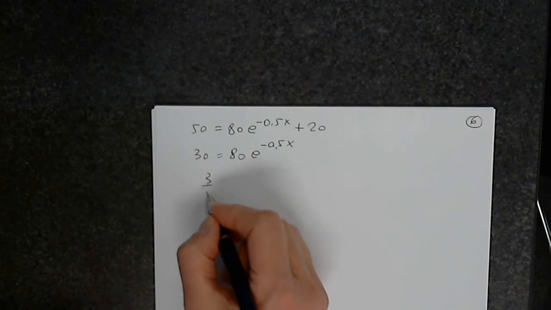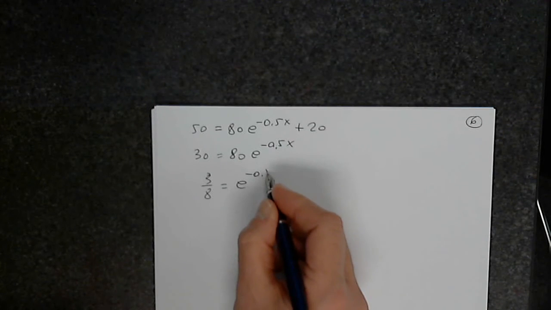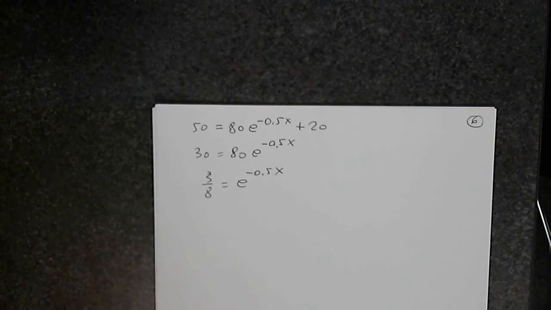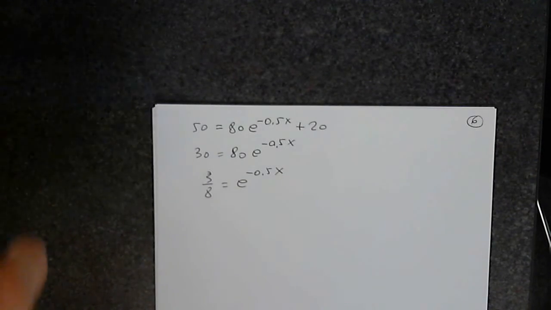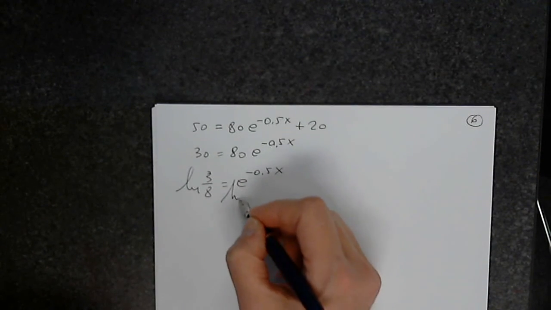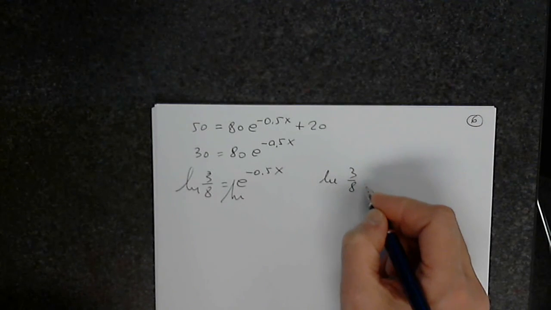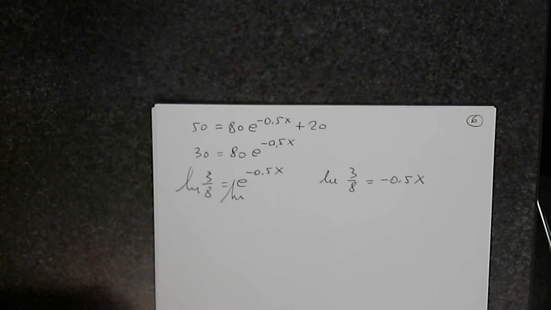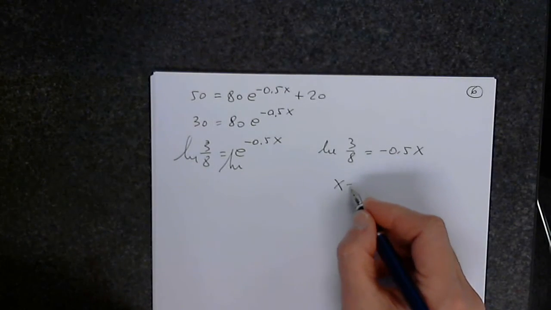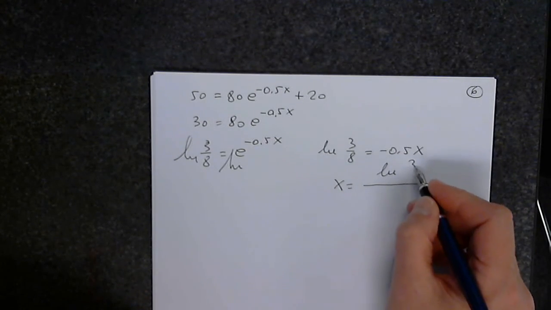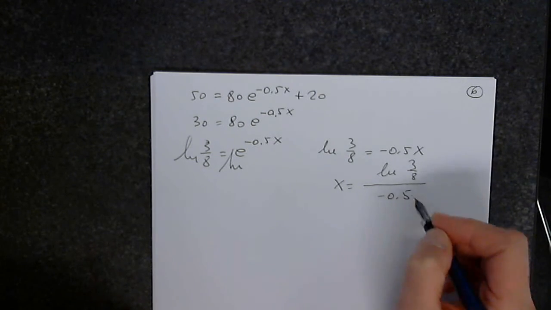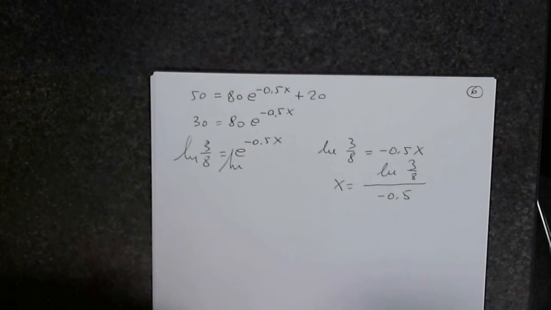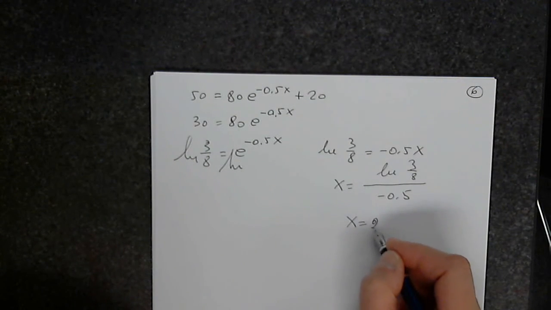Divide by 80. 3 over 8 equals e to negative 0.5x. Now what? Because I cannot make the left and the right with the same base, I have to apply natural log. So then natural log of 3 over 8 equals negative 0.5x. So then x equals natural log 3 over 8 over negative 0.5. How much? Okay, x approximately 2 weeks.